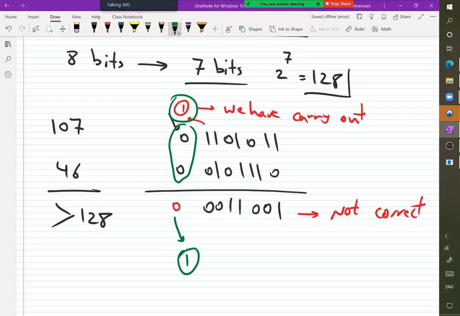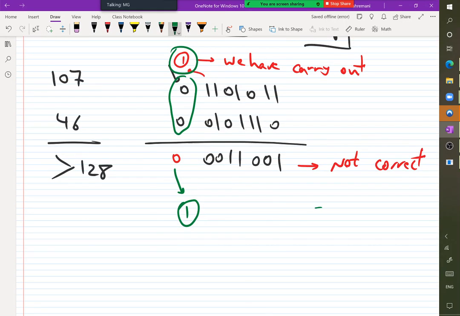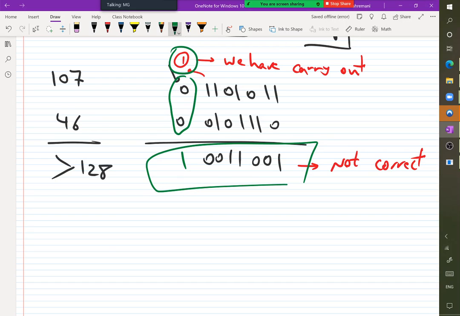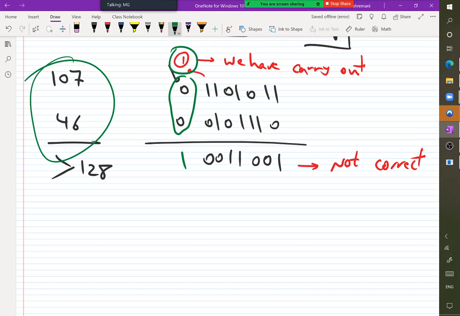If we do this, the number we get will be 100110001, which is a negative number based on sign magnitude. We know that the addition of two positive numbers is definitely a positive number. So we cannot apply the carryout to the sign bit. Any question?